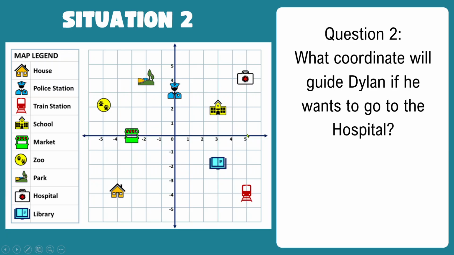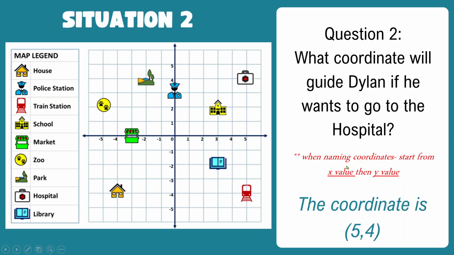So positive 5 and positive 4. Remember, when naming coordinates, start from the x value, then the y value. The x value is the horizontal value. The y value is the vertical value. So the coordinates is 5, 4.